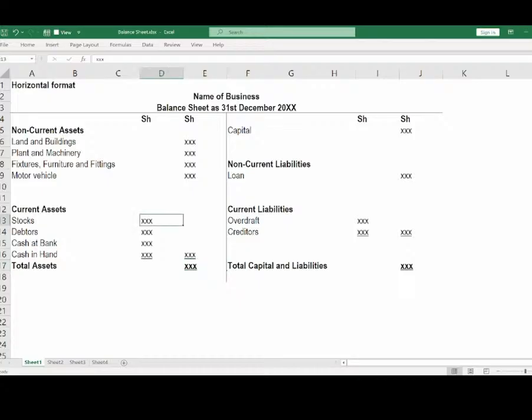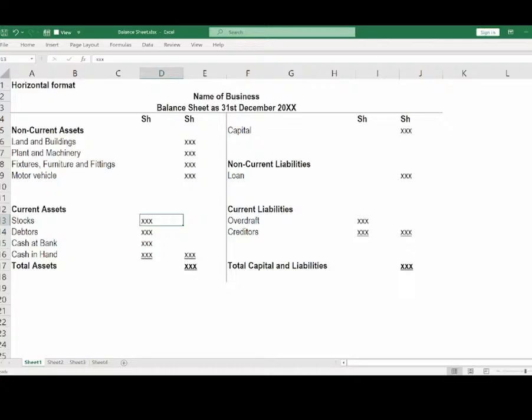For example, stock is not yet sold or not yet realized. When it is sold, we can either get cash or a debtor if sold on credit. When the debtor pays, the debtor may pay by cheque, cash at bank, or cash in hand.